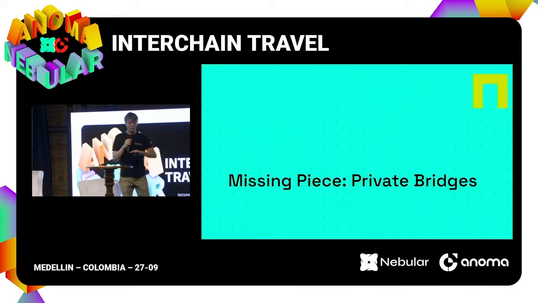But the road to public goods doesn't just end there. If we want people to bridge over their assets to Namada, there's a problem: if this is done transparently, we have independent privacy sets between every single bridge to Namada.